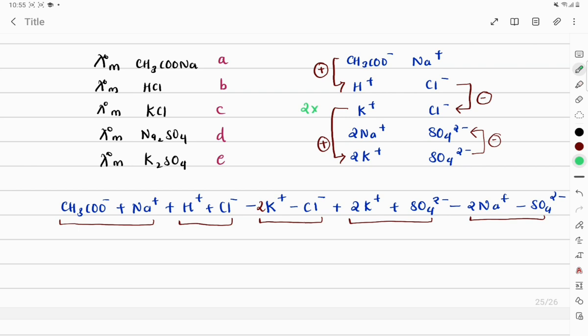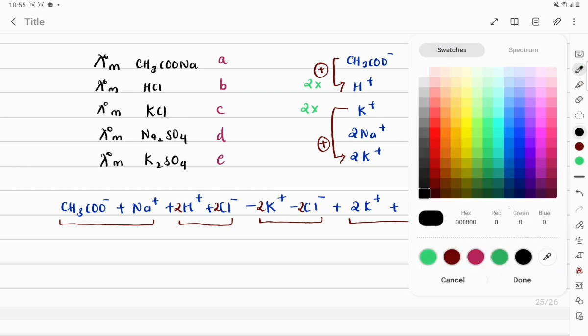If I multiply with 2, K plus also gets a 2, Cl minus also gets a 2. But in the H plus and Cl minus, I have only one Cl minus. That should also become 2. Here also 2, here also 2. So that means this equation is also multiplied by 2.